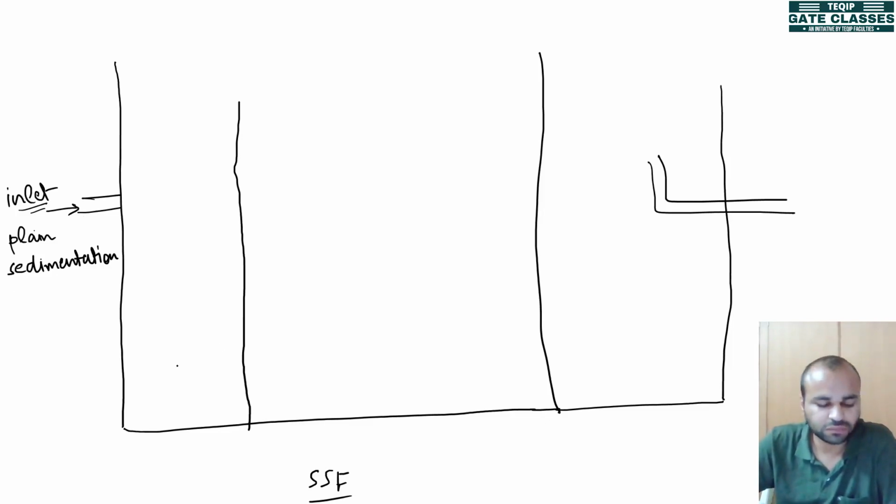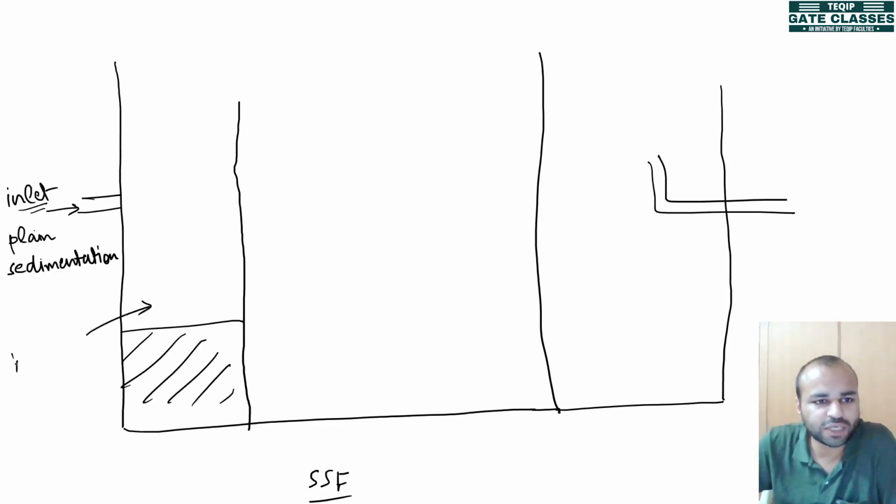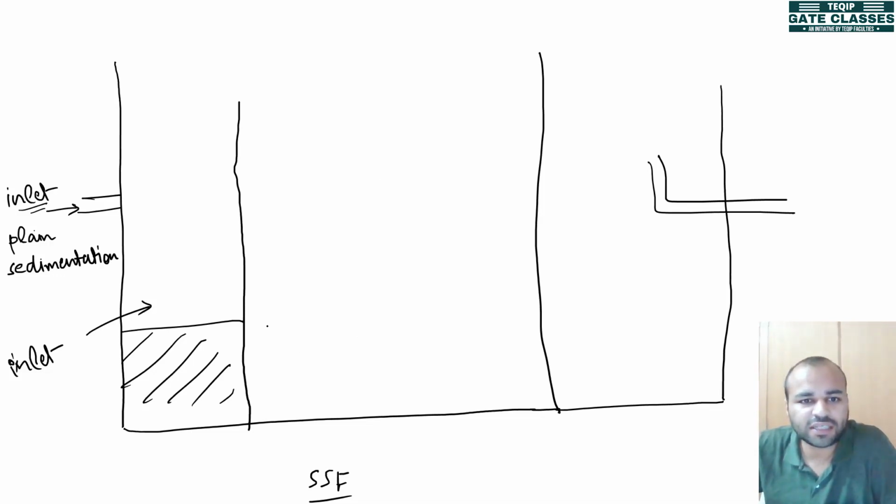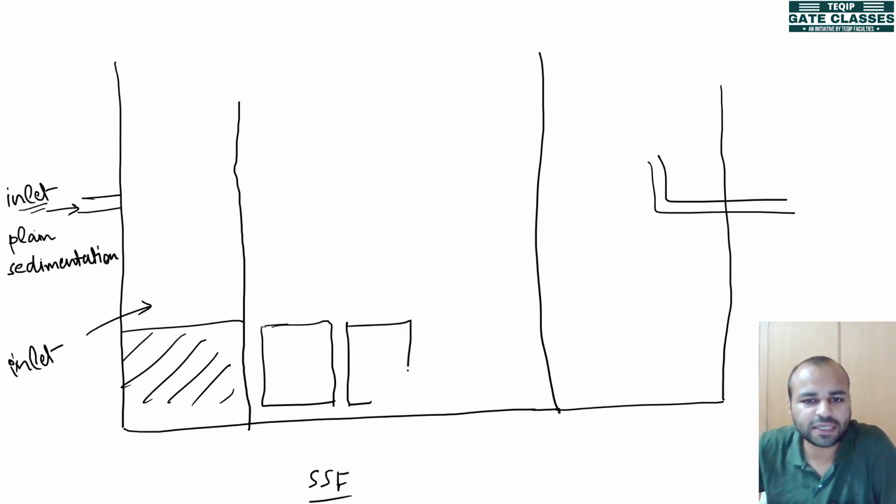Okay, now this is your inlet chamber, in which the water from the inlet gets filled up. Now at the base of the filter are some drainage systems. These drainage systems help in the flow of the cleaned water.